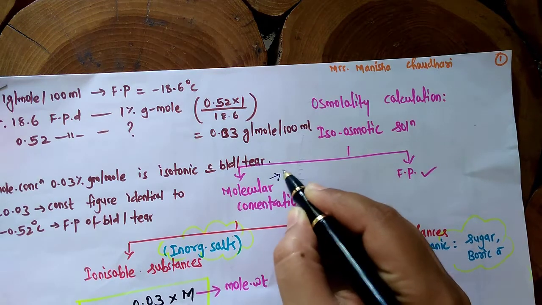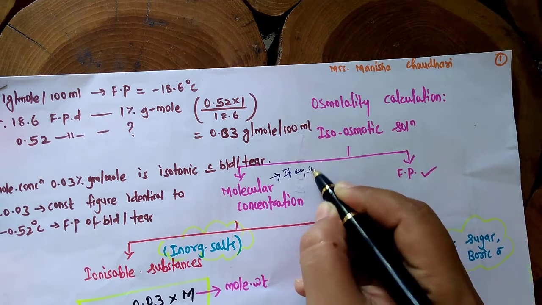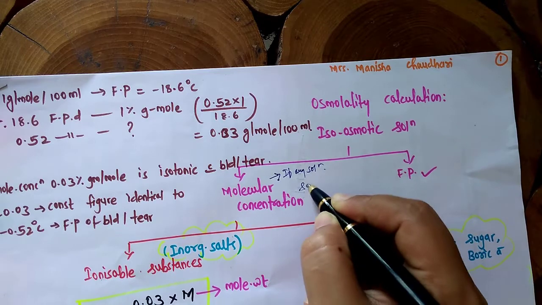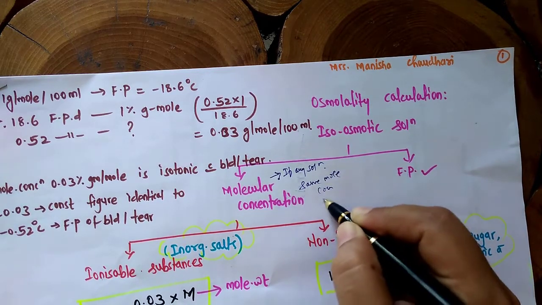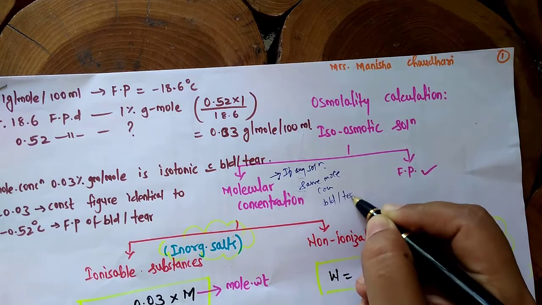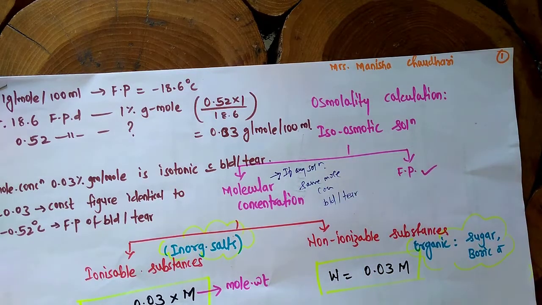That means if any solution has the same molecular concentration as that of blood or tear, then the two solutions will be termed isotonic solutions. We can calculate the molecular concentrations of blood or tear from freezing point data.